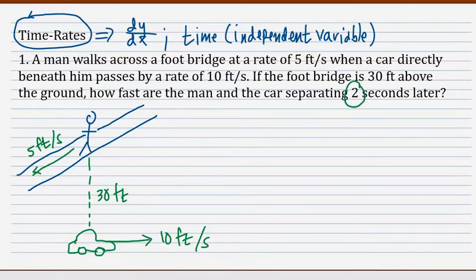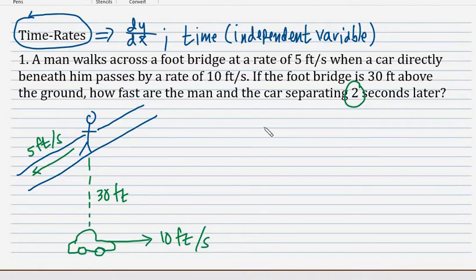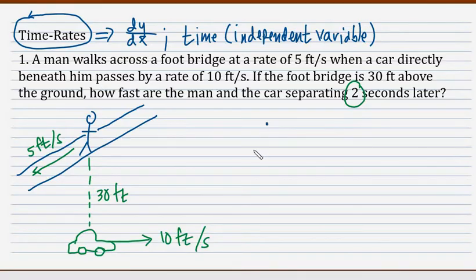So let's try to simplify our drawing here. Let's say this point is the man, and this would be the length that he would travel at a certain time. He is walking at a rate of 5 feet per second, so let's say that length is 5t.